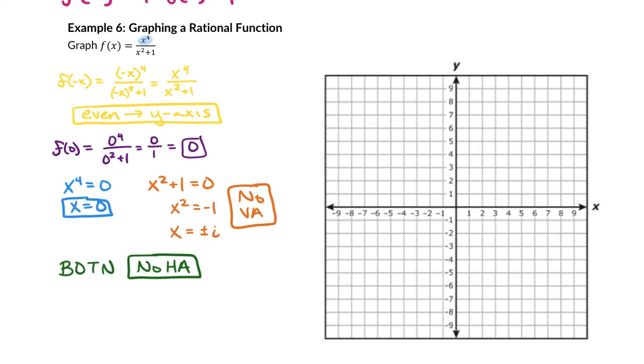We know that we should be able to reflect coordinate points across the y-axis. We know that there is a y-intercept at 0, but there's also an x-intercept at 0. I can't draw any vertical asymptotes, and I can't draw any horizontal asymptotes. So that's all I can put on my graph. That's it? Yep. For now.